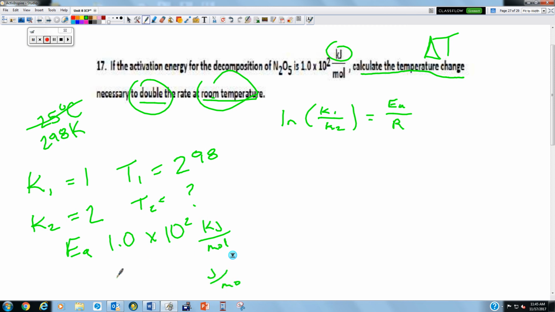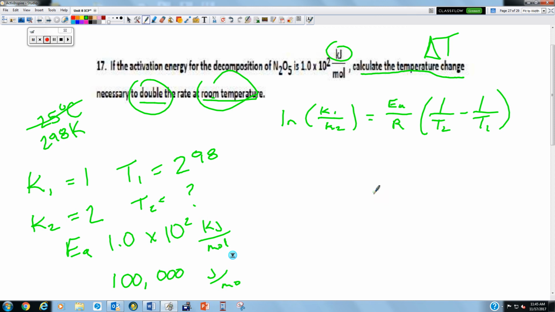So we need to convert that, so that makes that 100,000 joules per mole. All right, so plugging it in, and then we have 1 over T2 minus 1 over T1.